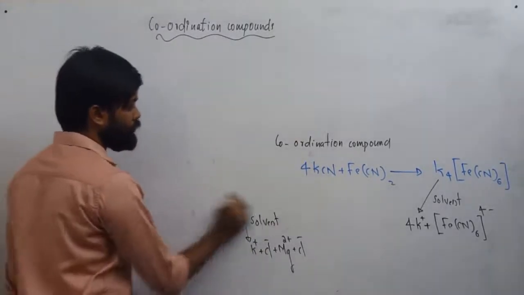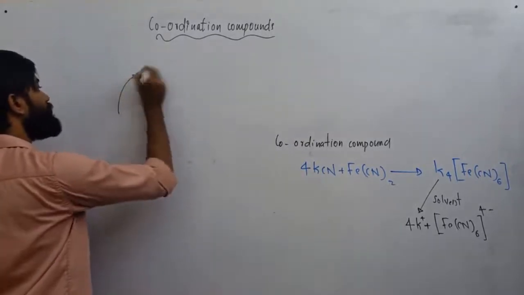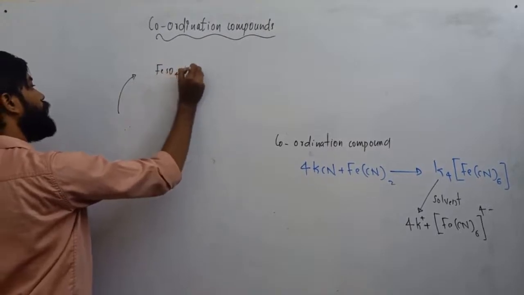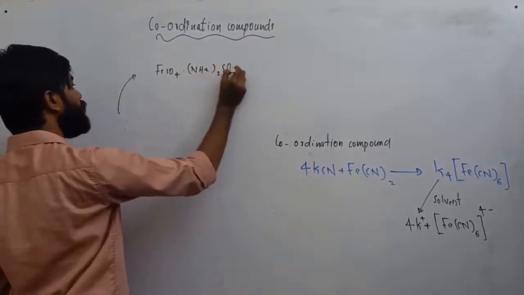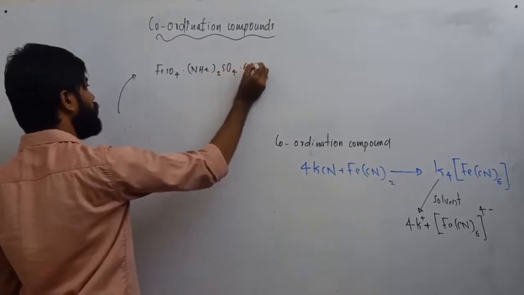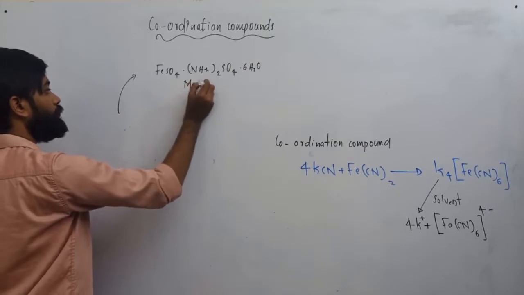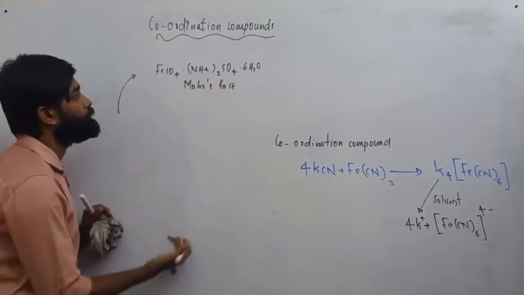Some more examples for double salt. Copy that. Example, FeSO4.(NH4)2SO4.6H2O, and this is said to be Mohr's salt.